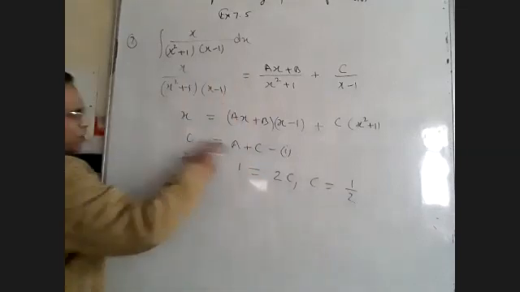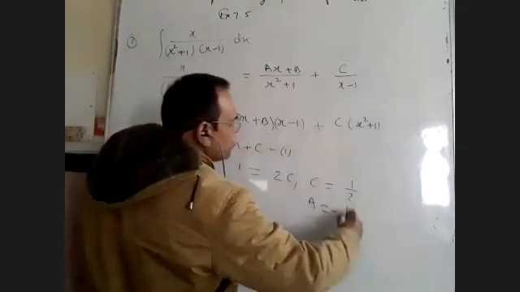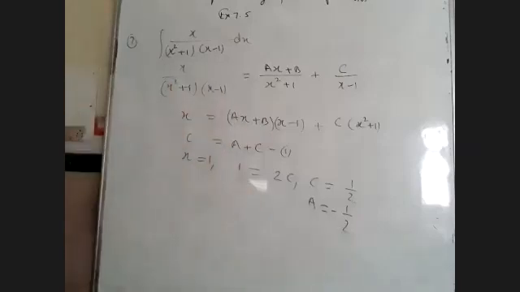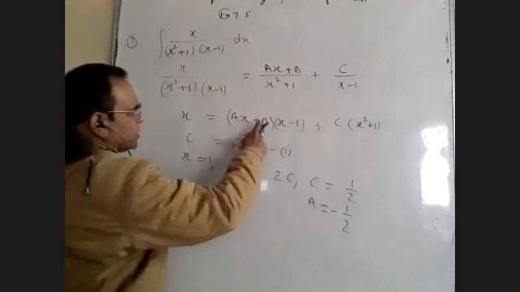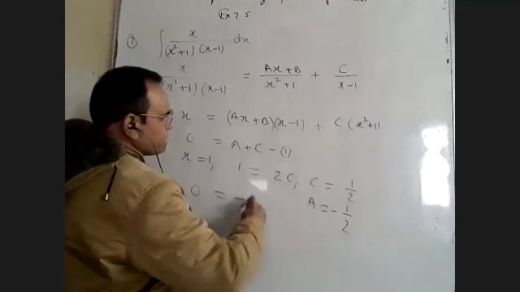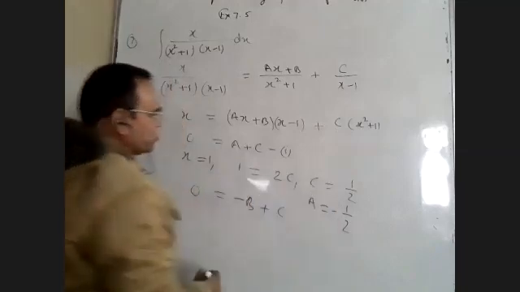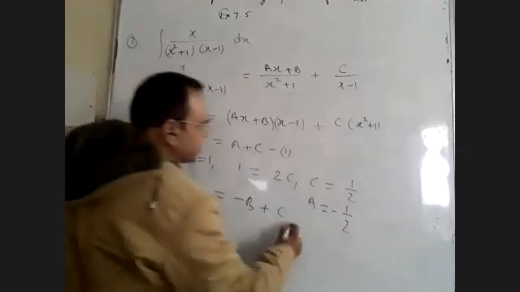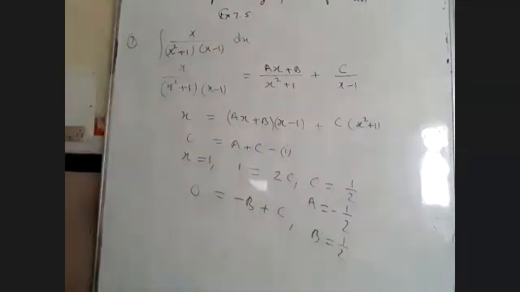If you put the value of c here, you will get the value of a is equal to minus 1 upon 2. So we have to find out the value of b only. So you can compare the constant term. The constant term is 0 here. Here the constant term will become minus b and plus c. So value of c is equal to 1 upon 2. So value of b will become 1 upon 2. So we get the value of ABC very easily.